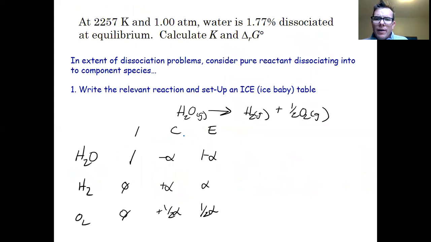What you were given at the very beginning was 1.77% dissociated. What that means is that alpha equals 0.0177. At equilibrium, if I started with 100% H2O, it's now about 98% H2O.